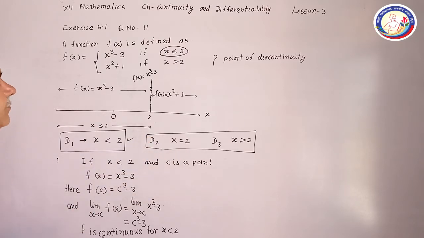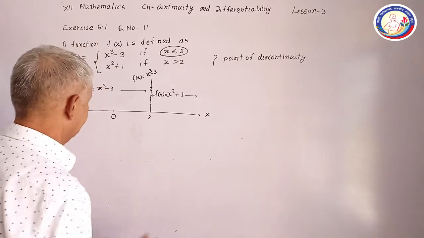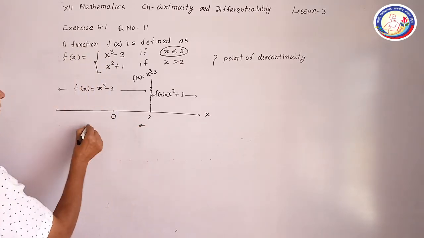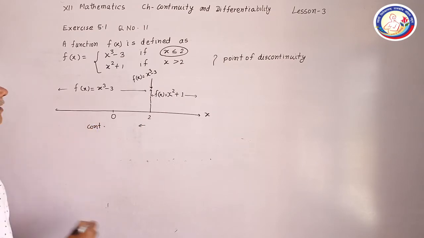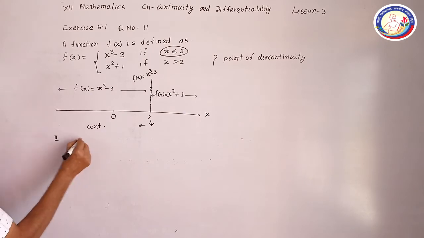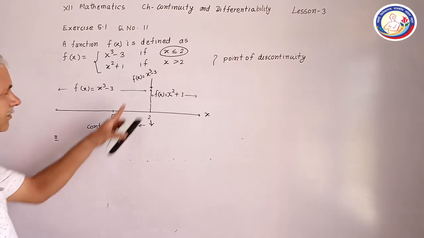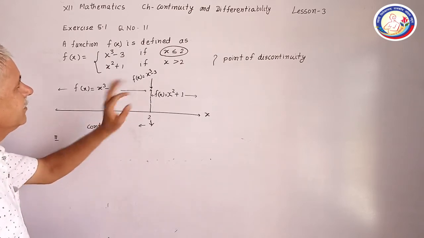Now we come to the second part. In this region, it is continuous. And for x equal to 2, what is the definition of the function here?